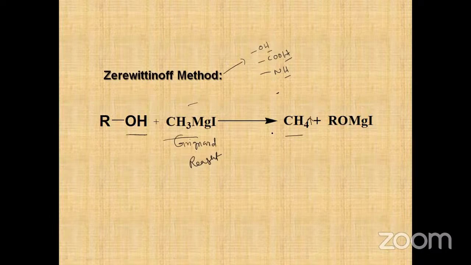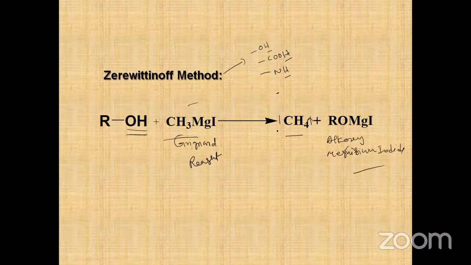That means the hydrogen is replaced with Mg, magnesium iodide. This is alkoxy magnesium iodide. Now suppose only one OH is present.